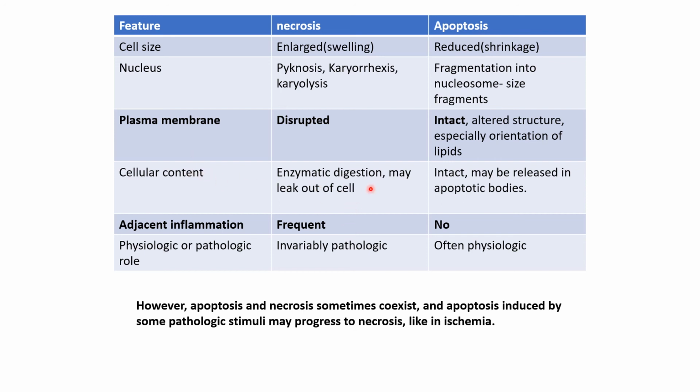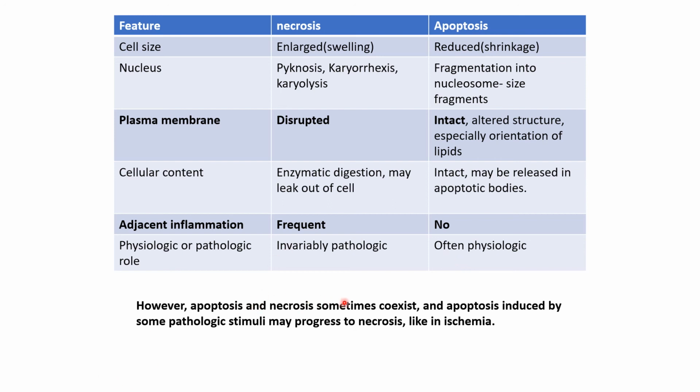So the cellular contents will leak out في necrosis، بينما there is no leak in the apoptosis. In necrosis it's almost always pathologic، بينما apoptosis can be physiologic and can be pathologic.